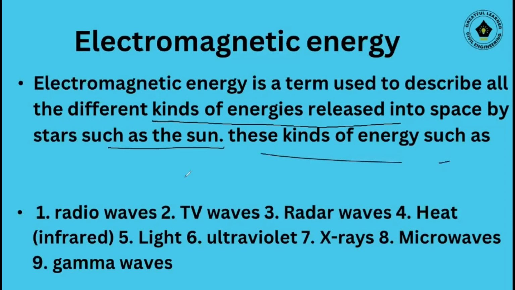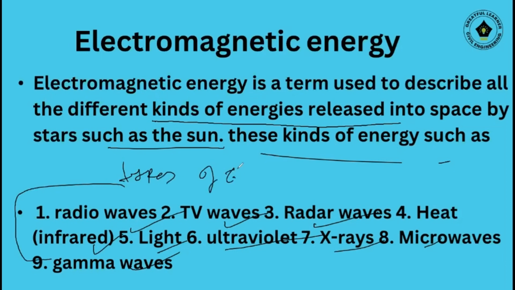These kinds of energy are radio waves, TV waves, radar waves, then heat or infrared, then light, then ultraviolet, X-rays, microwaves and gamma rays. These are the types of electromagnetic energy.